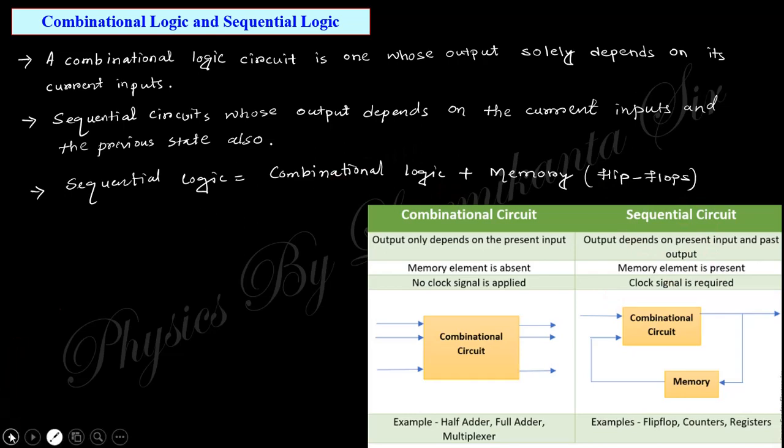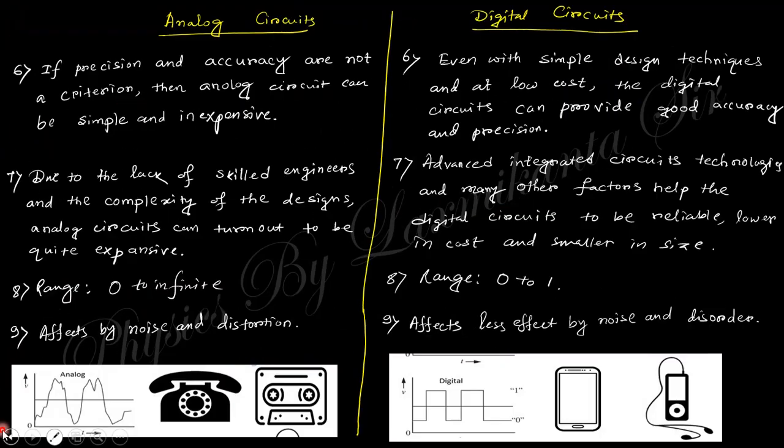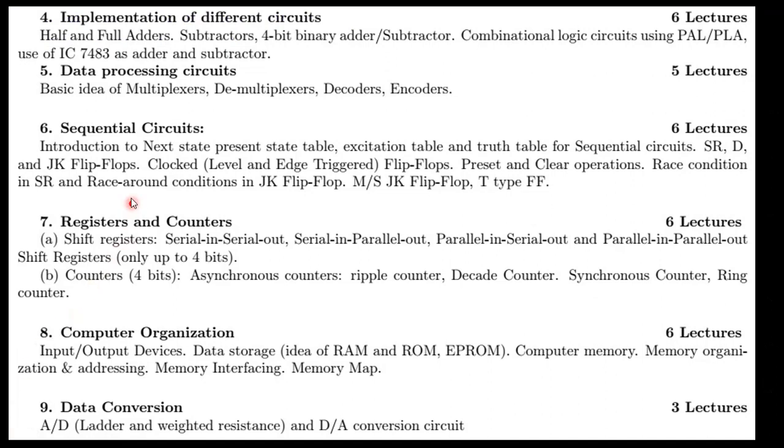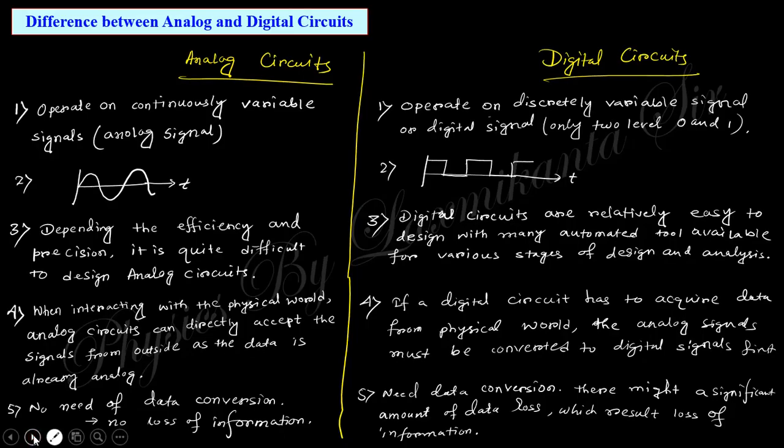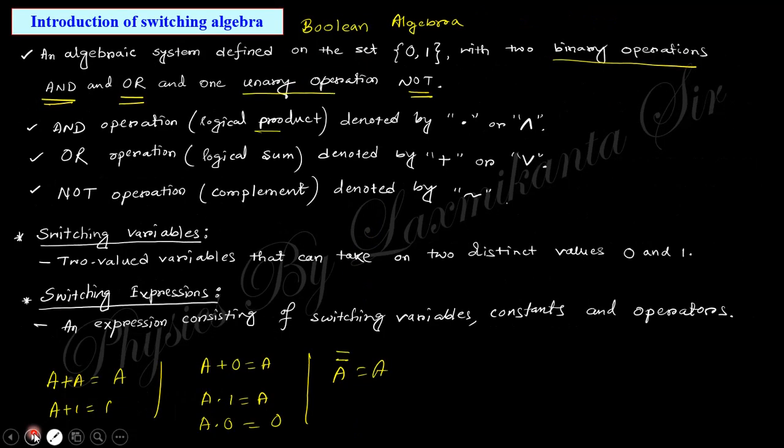You can see in this syllabus, this is the sequential circuit. Up to that, this is the combinational logic circuit, that is the output depends only on the instantaneous input, but after that the output depends on the instantaneous value of input as well as the previous output.